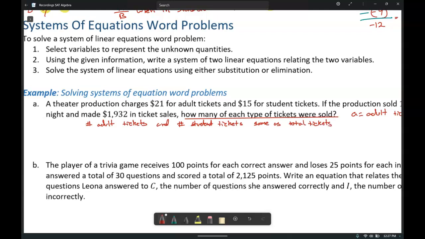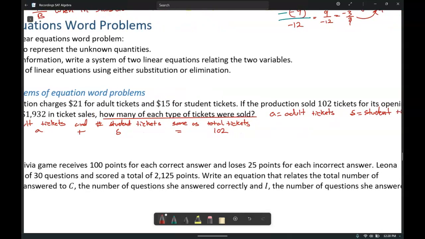And so we can say that if A represents an adult ticket and S represents a student ticket, it has to equal the total number of tickets sold, which was 102. So we have our first equation, A plus S equals 102.